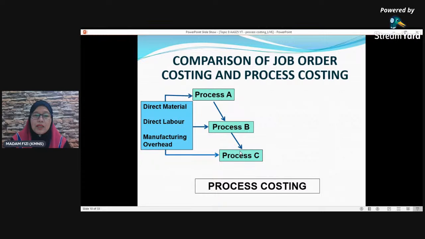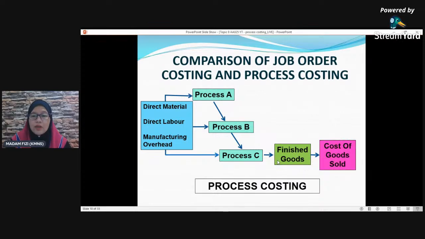One product, there are 3 processes. After finish, they will debit the finished goods. After finished goods, then kita nak jual. When we sold, we debit the cost of goods sold. So what is the difference between job order costing and process costing is cara dia buat kerja, cara kita mengira cost dia nanti. So you can see the differences, right?